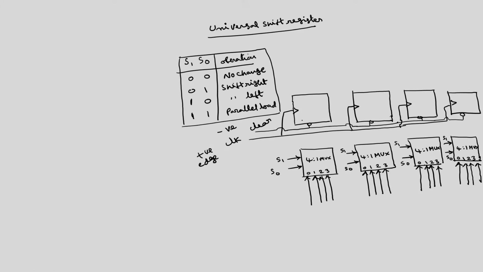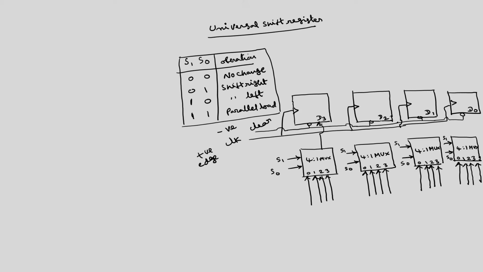So, we know that we have 4 flip flops with different Ds. Say this is D3, D2, D1, D0. These I am going to connect to the outputs of the corresponding multiplexers.